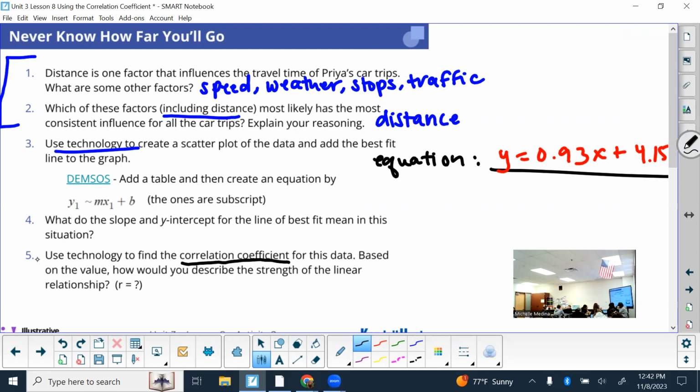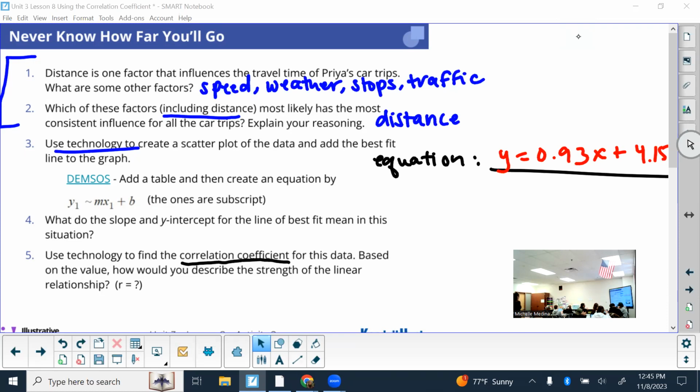So once you've answered 4, see if you can identify the correlation coefficient. It's not just enough to be able to identify it, and you can use technology to identify your slope and y-intercept, but on your test, you will also have to interpret it in whatever situation is going on.